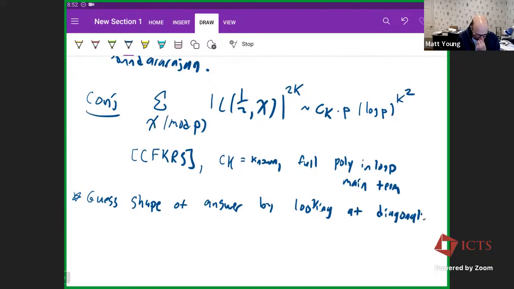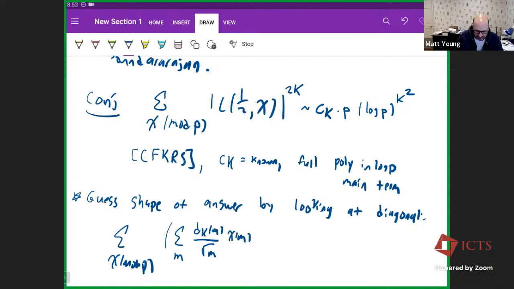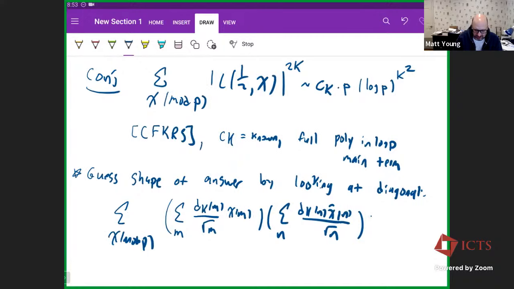If you look at chi mod p, then the kth moment should be something like the sum over m of d_k(m), the k-fold divisor function, over square root of m times chi of m. So that's like your L-function to the kth power. And then you do the same thing with chi bar of n over square root of n. And then there should be some kind of approximate functional equation that tells us that m and n go up to some power of p.